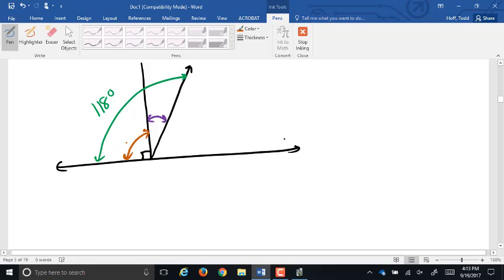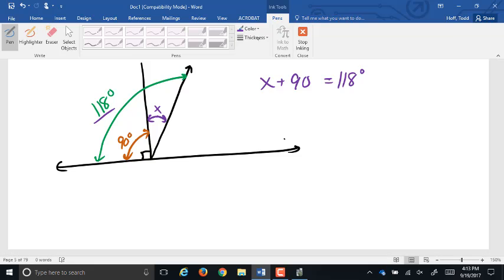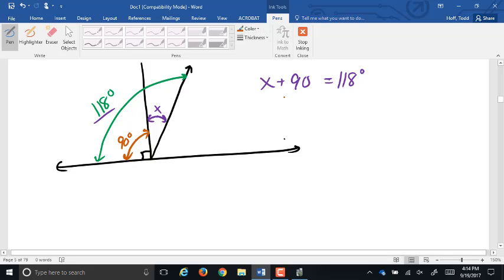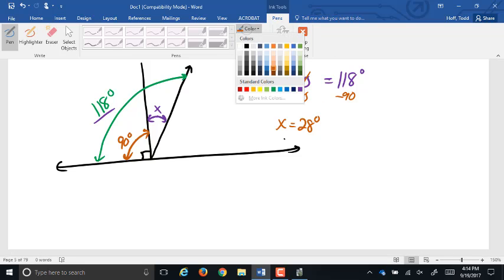Well, what is that angle? 90 degrees, because it's labeled with a square corner. So if I call this purple angle x, I know that x plus 90 has to add up to 118. So I subtract 90. X is 28 degrees.